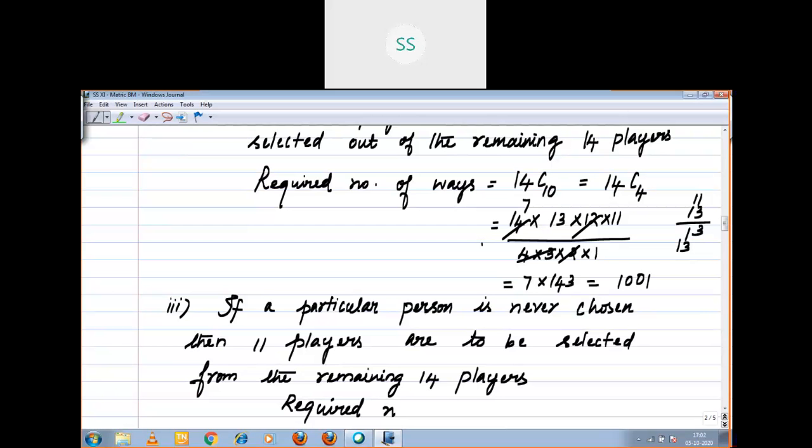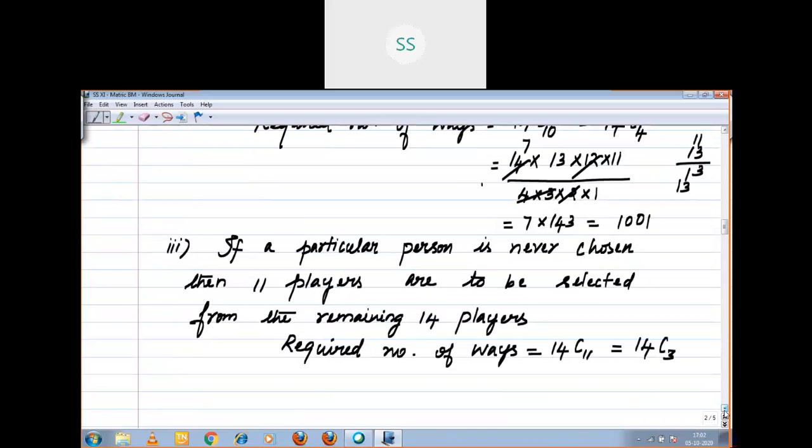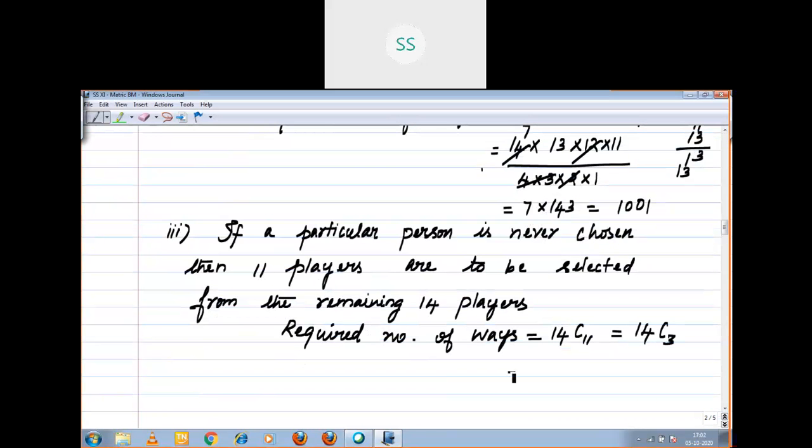From the remaining 14 players, the required number of ways equal to 14C11, which is equal to 14C3. NCR equal to NC N minus R, the same formula. Based on R, you have to write the numbers in reverse order in the numerator. 14 into 13 into 12 divided by 3 into 2 into 1.